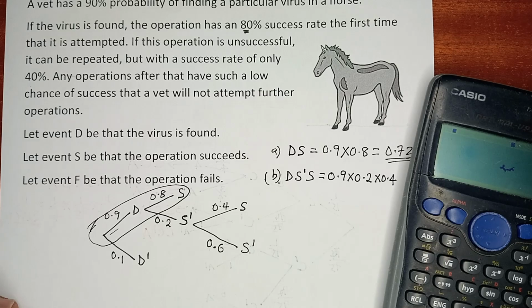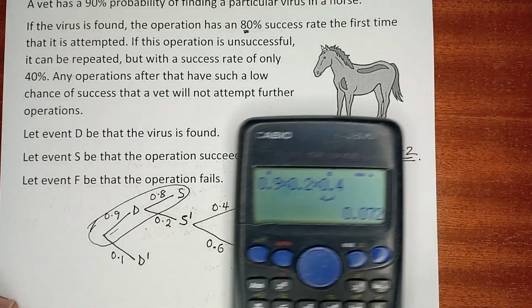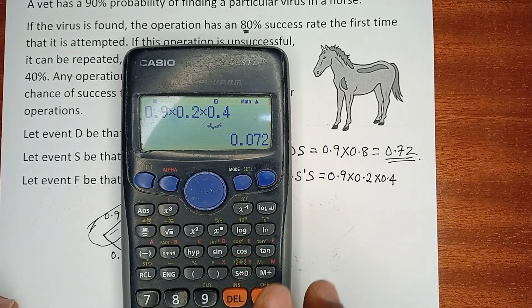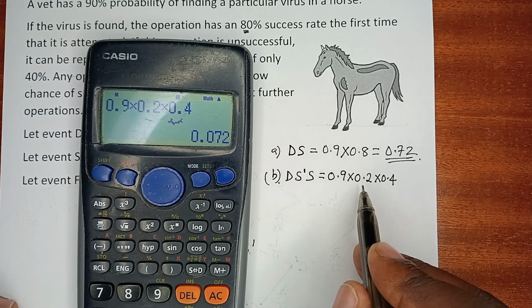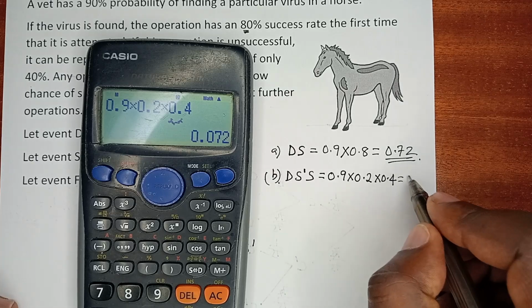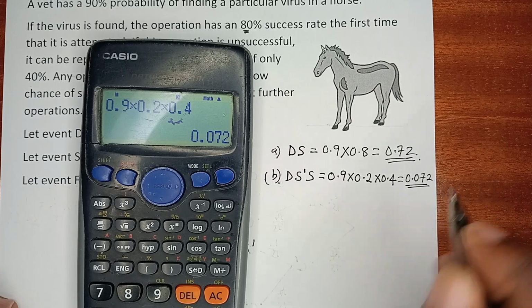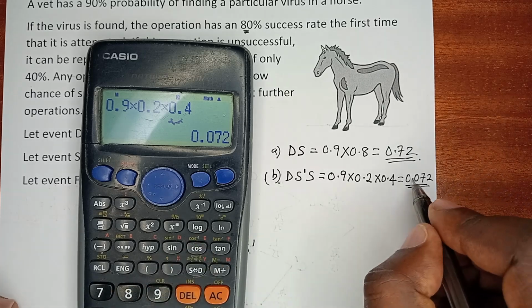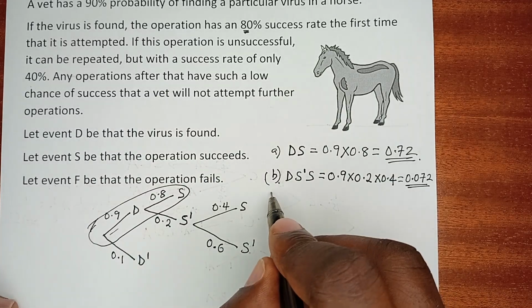We have 0.9 times 0.2 times 0.4, which is 0.072. That is now the answer to part B of the question.